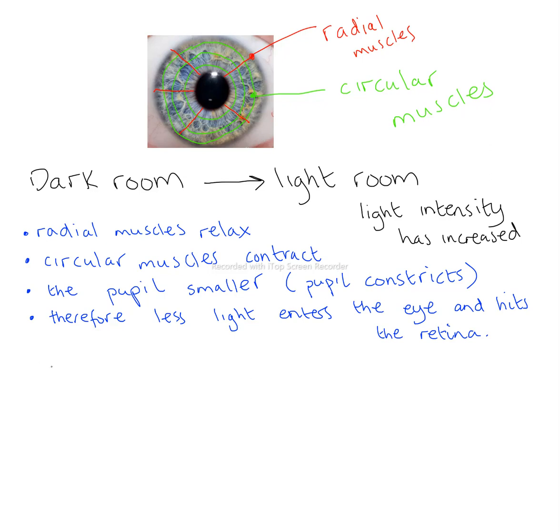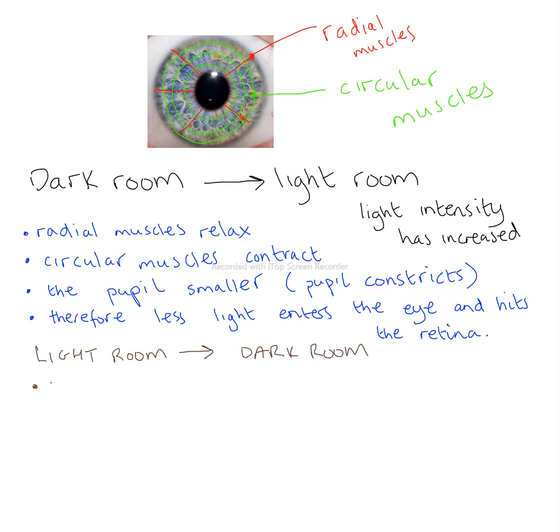What happens when you go from a light room to a dark room. And you've got to know this, so it's best to learn them both. Okay, so we want the pupil to be bigger.